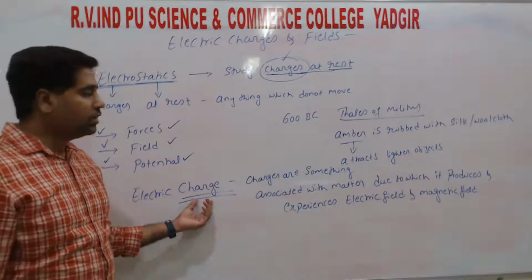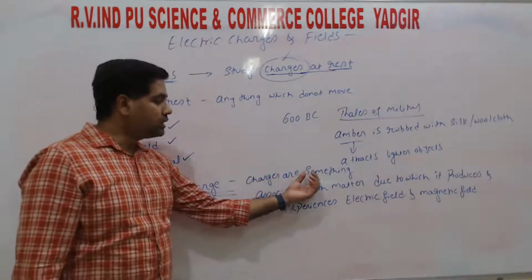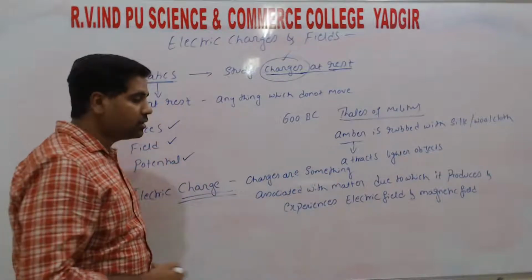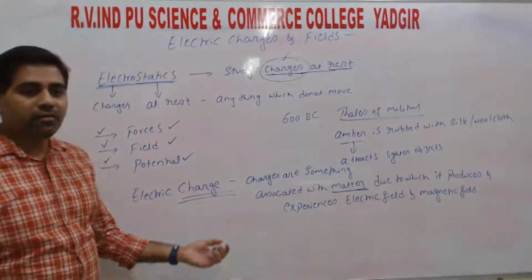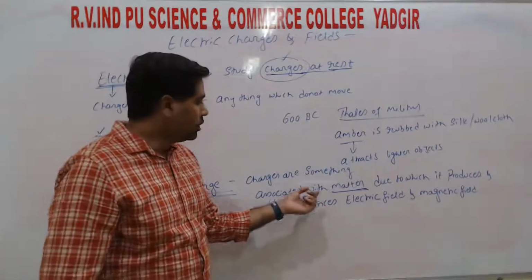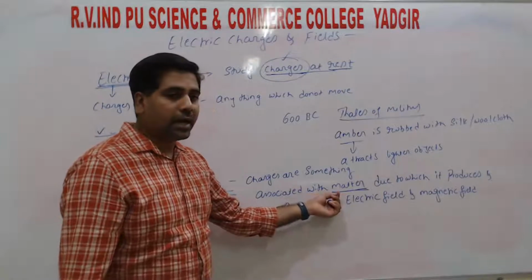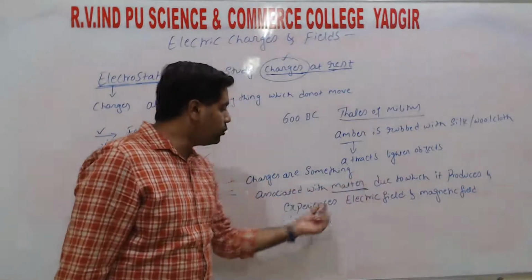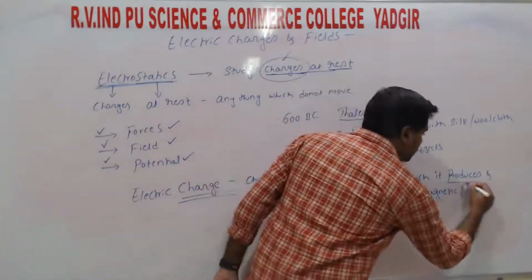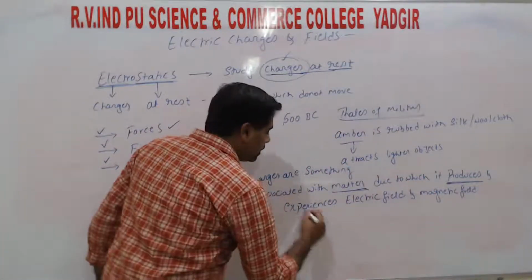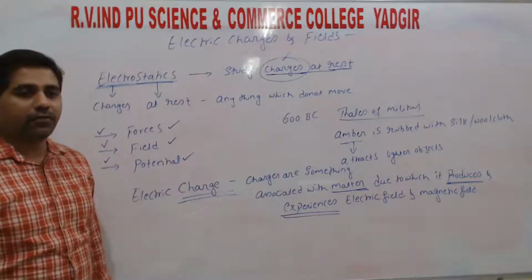So what is charge? Charge is something, we don't know exactly what it is. We define charge as something associated with matter. Matter is anything which has mass. So charges are something associated with matter, due to which it produces and experiences the electric field and magnetic field.